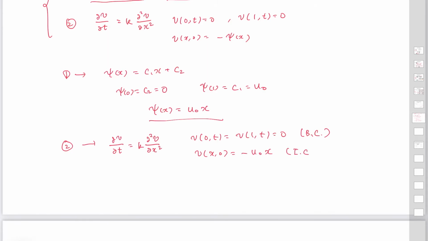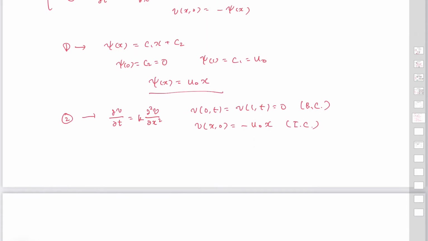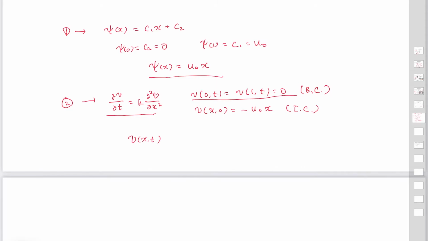So by solving the heat equation with the boundary conditions, v(x,t) is expressed as the sum from 1 to infinity of a sub n exponential minus k n squared pi squared t times sine n pi x. So using the boundary conditions, we could solve the heat equation. This is the general solution.